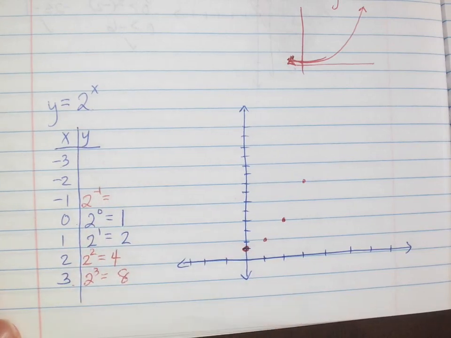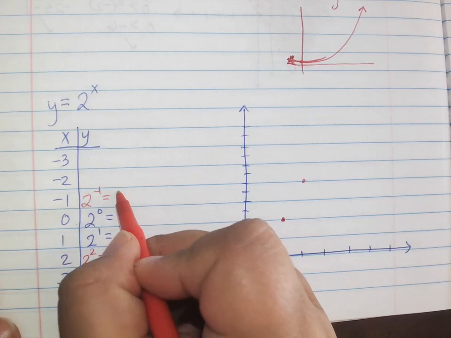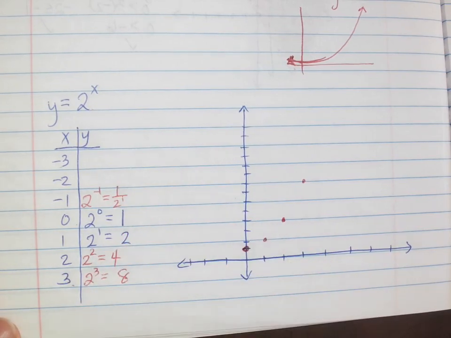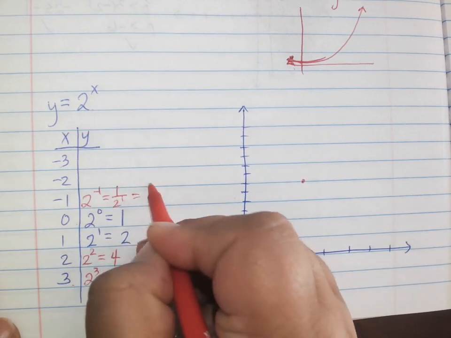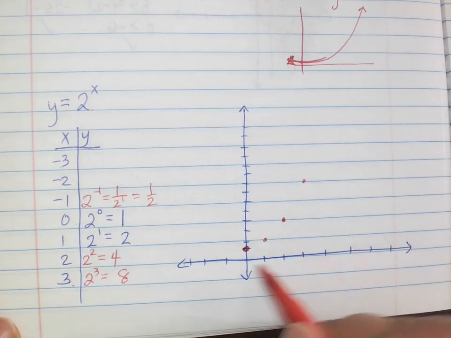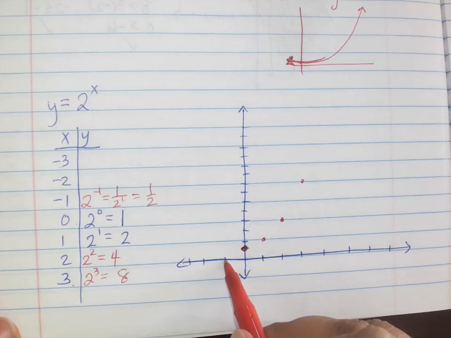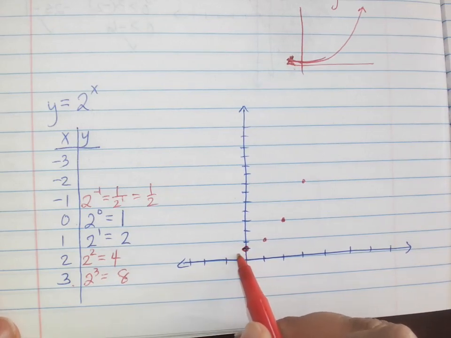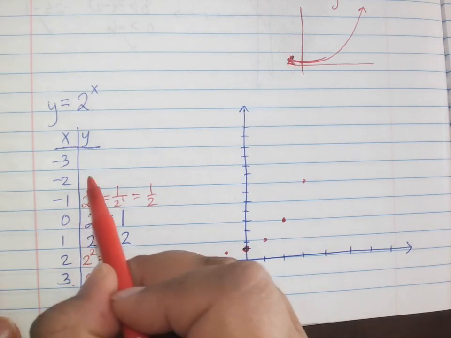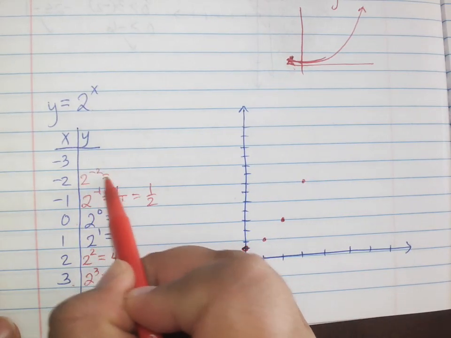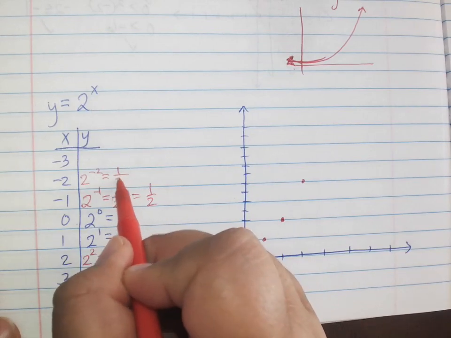2 to the negative 1st. Anytime you have a negative exponent, remember you do the reciprocal. 2 to the 1st is just 2, so this would be 1 over 2. So negative 1 and then 1/2 would be about here. 2 to the negative 2.